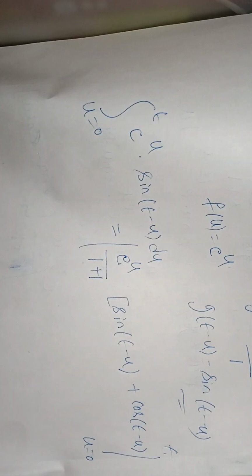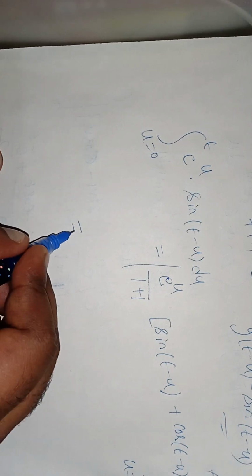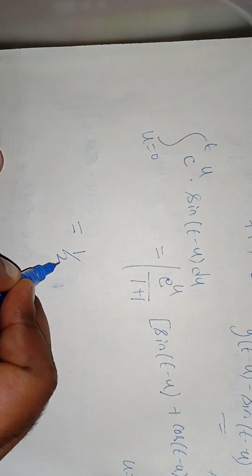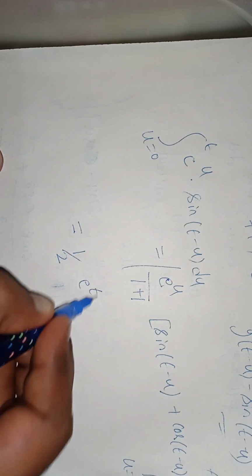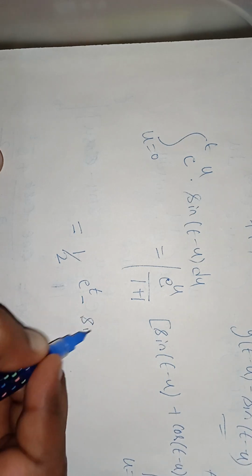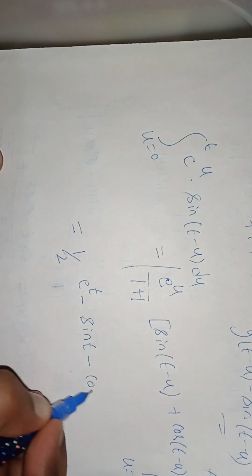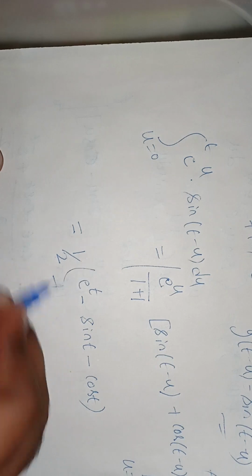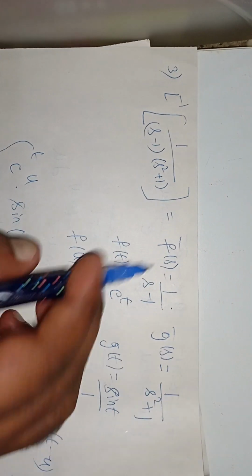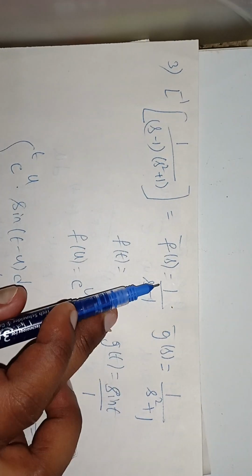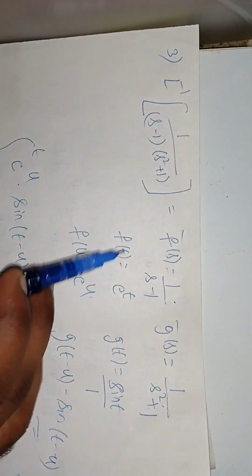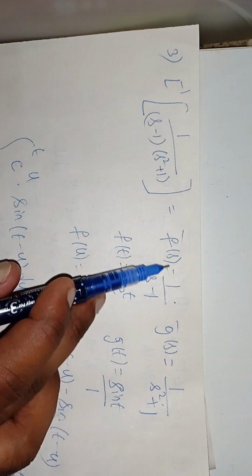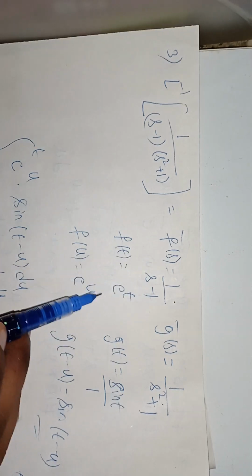So if you use this and take upper limit minus lower limit, you end up with half into e power t minus sin t minus cos t. So basically whatever the problem given, you have to separate it as f bar of s and g bar of s as standard ILTs, and find f of t and g of t by applying L on both sides.